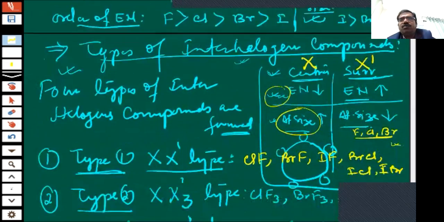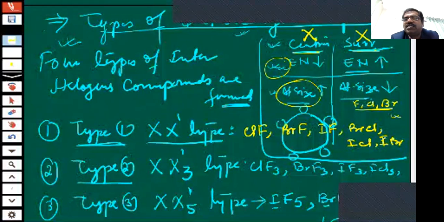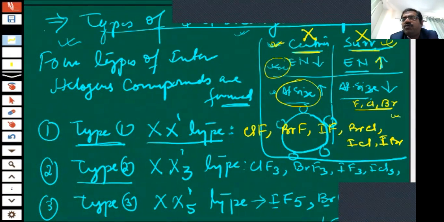In interhalogen compounds, there are two types of atoms: the central atom and the surrounding atoms. We represent the central atom as X and the surrounding atom as X dash. The surrounding atom must have high electronegativity and the central atom lower electronegativity.